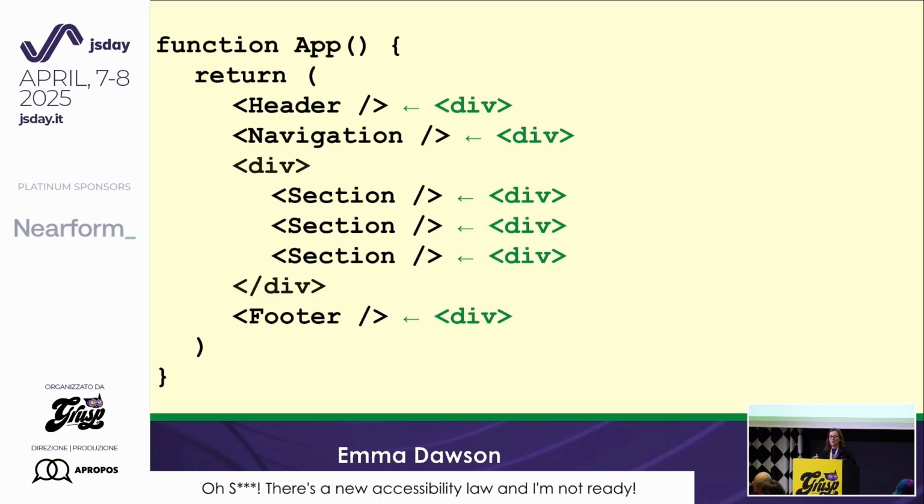So on the screen, I've got probably a React app, which looks like it's got a custom header, a custom navigation, a couple of sections, and a footer. But if we dive into all of these components, we might actually find that underneath, all of them are made of divs. And unfortunately, divs are called generic components, and they are not communicated to screen readers in any way.